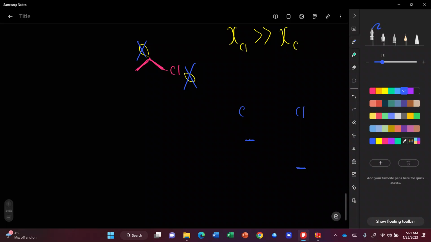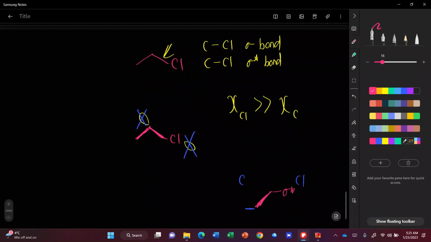So when I form a bonding and an antibonding orbital, and it doesn't even matter where the electrons are, the bonding orbital is going to be much larger on the chlorine side, but the antibonding orbital is going to be much, much larger on the carbon side.